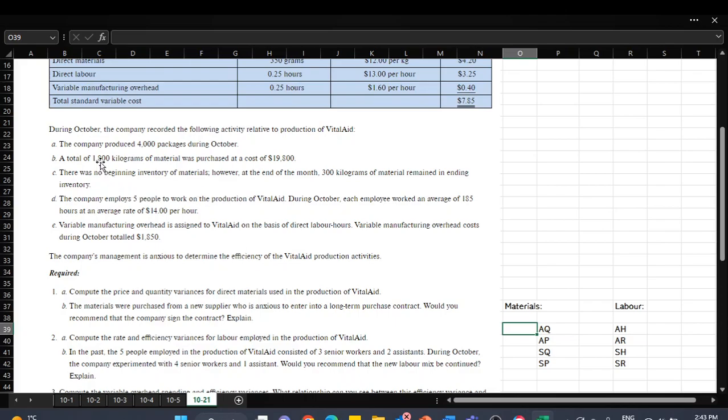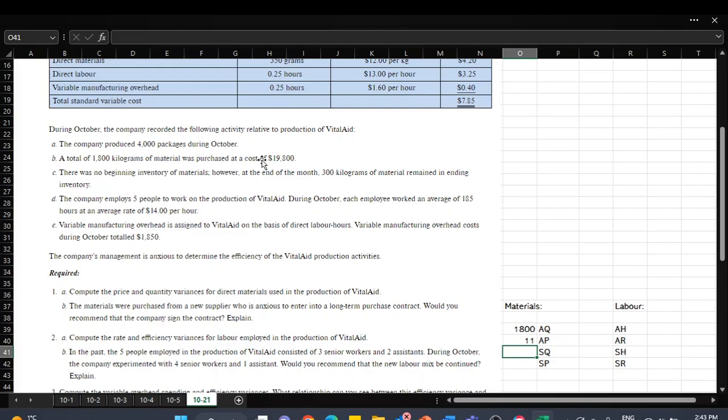So our actual quantity is 1,800 kilograms. The actual price, it costs $19,800, and we're going to divide that by our actual quantity of 1,800, which gives us a cost of $11 per kilogram.